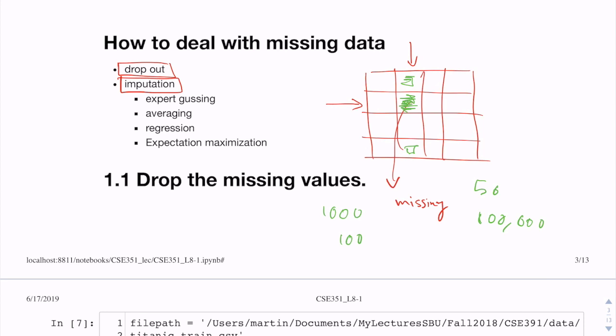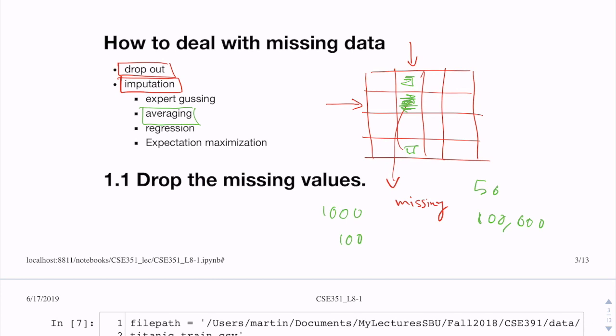The very popular method is called averaging. Averaging is simply where we replace the NaN value by the average of the column or row where this missing value lies.